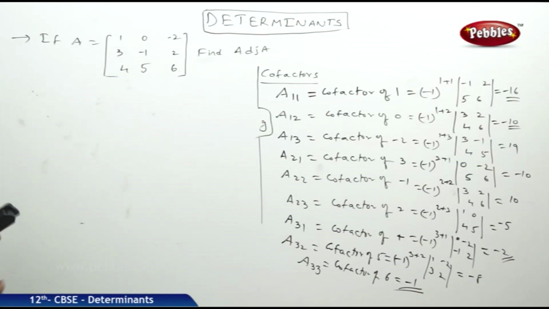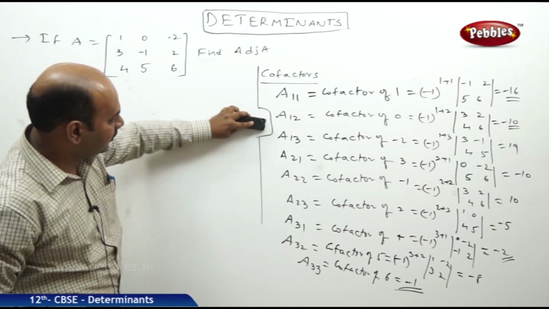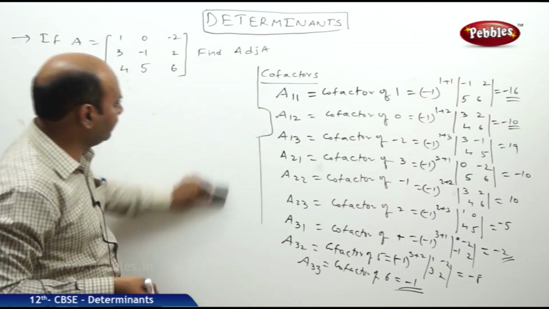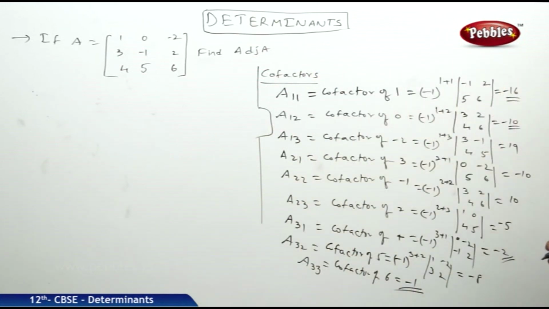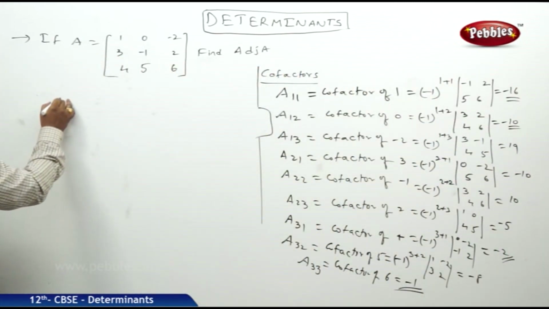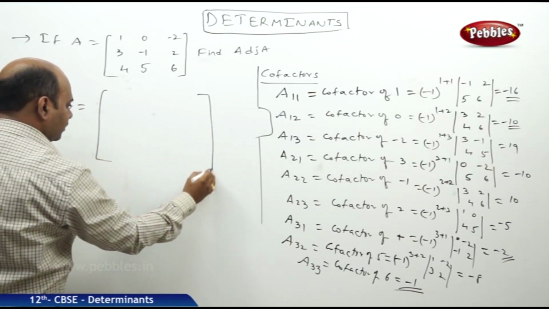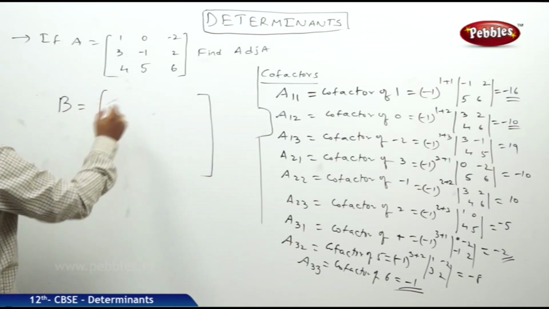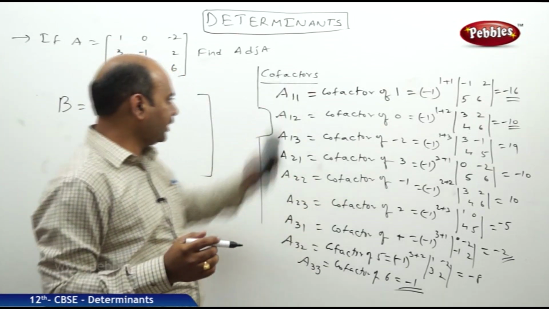Right? Now I need to find the cofactors. We already did this in the previous problem, so our work will become very, very easy. I have found the cofactors, and I'll write a matrix capital B like this, where I'll fill each row and column with these cofactors.